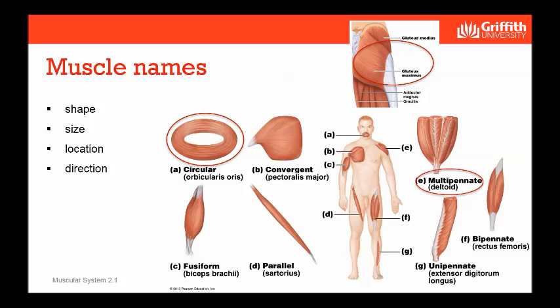Transversus abdominis fibers run in a transverse or horizontal direction. The external oblique muscles of the abdomen run on the diagonal or in an oblique direction. The term pennate refers to the oblique orientation of some muscle fibers to their tendinous attachment.